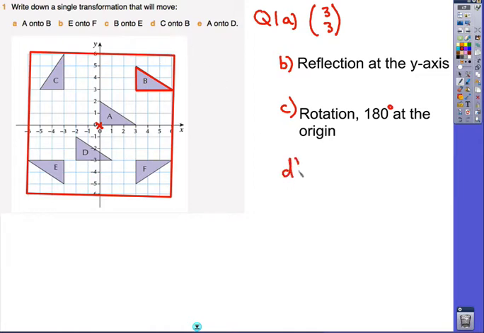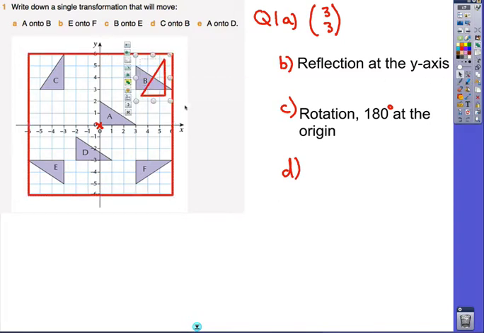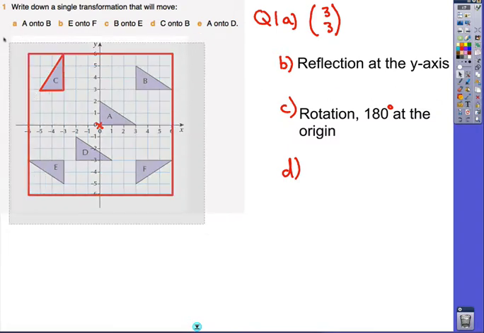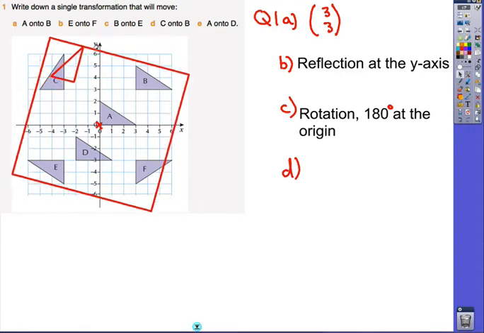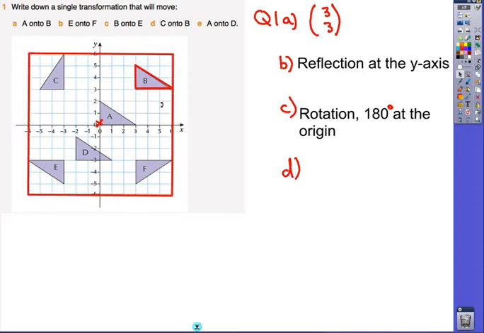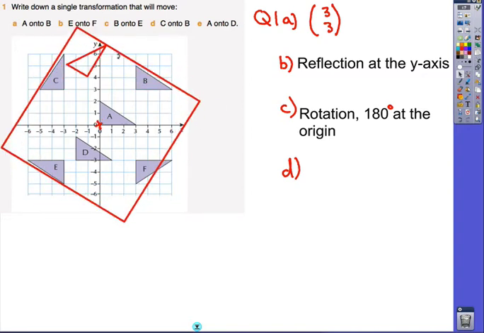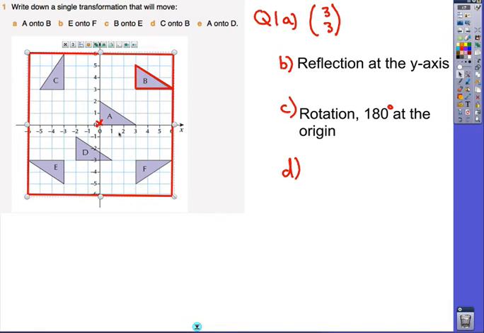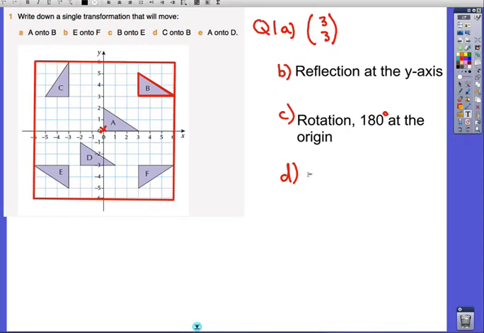Moving on to D, they've been asking us for a single transformation from C onto B. So where is our triangle C? Triangle C is over here, and triangle C onto B is another type of rotation. Again, the rotation is 90 degrees, because we just moved the square once, 90 degrees, and it's rotated at the origin as well.